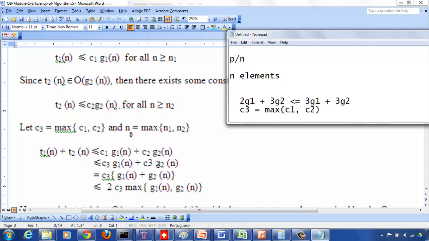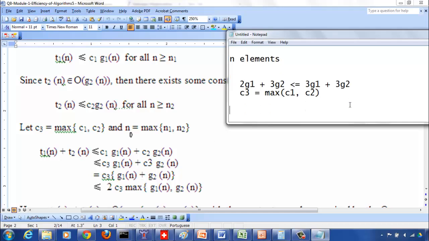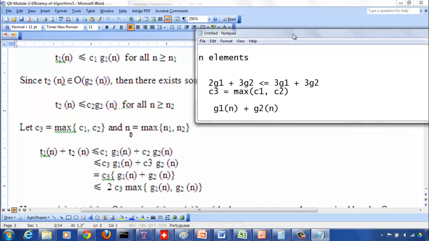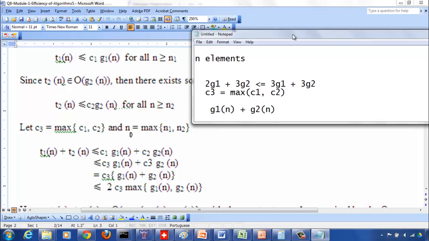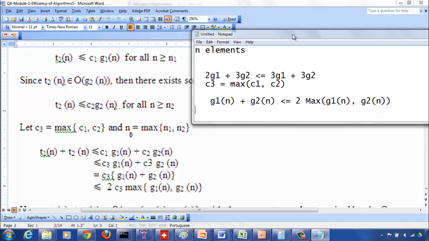Now I'm going to do the same thing here. If you have two functions, g1 of n and g2 of n, this is going to be less than or equal to twice the maximum of g1 of n and g2 of n. Why is that?